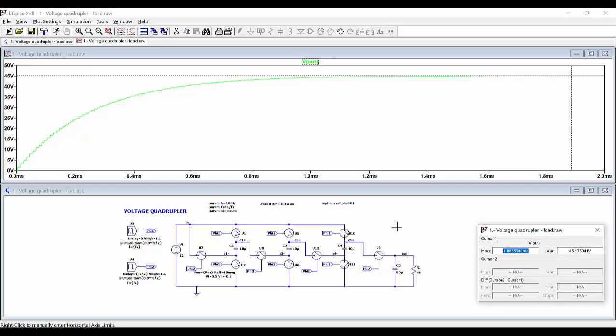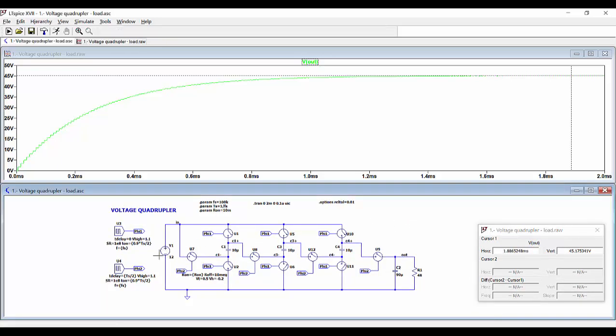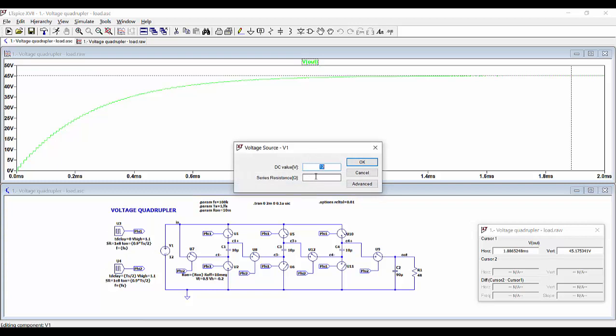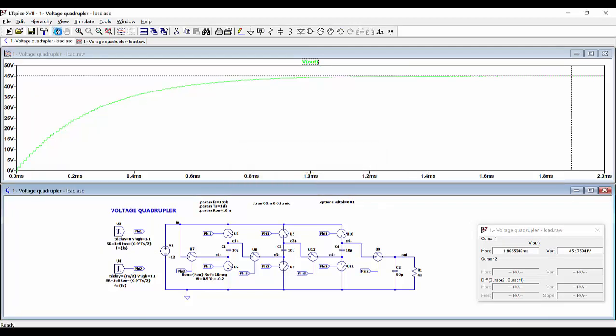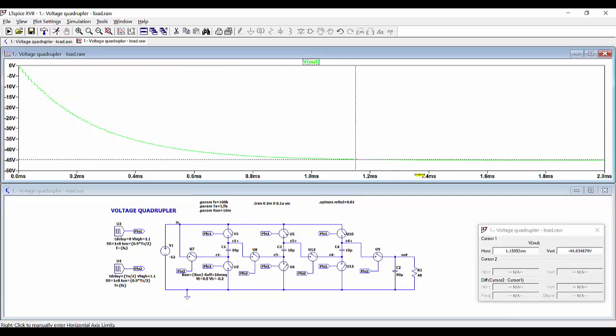We have studied that. But here the point is that if we change this voltage here, say that we place here minus 12 volts, and we run the simulation again, automatically we can see how the output voltage reverses and gets the same final value, but with a negative polarity.